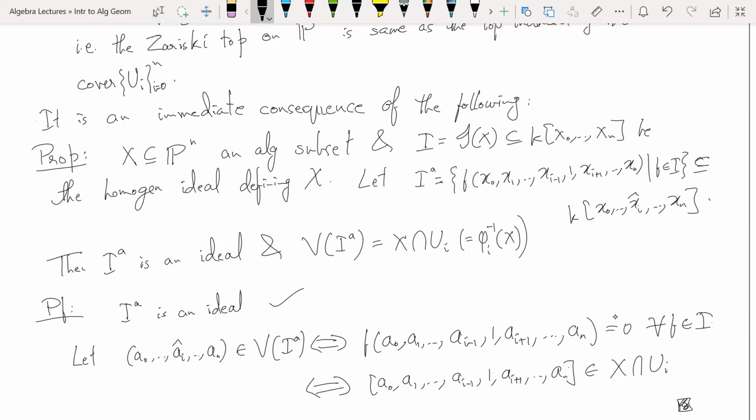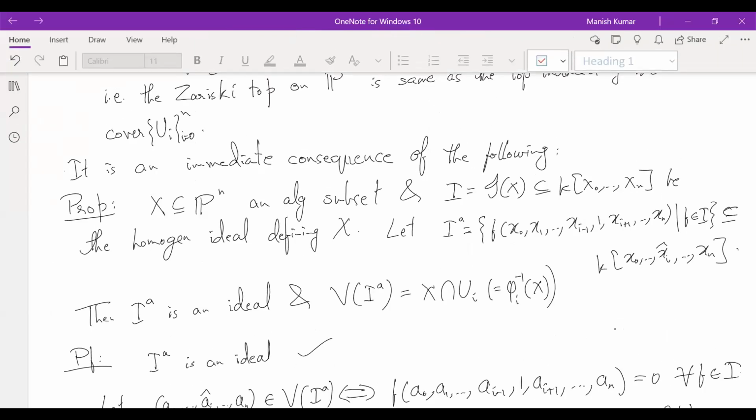So this small f is going to be a polynomial in x0 to xn without xi. A short way of writing it is x0 to xn with xi hat, so xi hat is missing. So it's a polynomial ring in n variables, not n plus 1 variables now. Is this notation clear to you? Have you seen this notation?